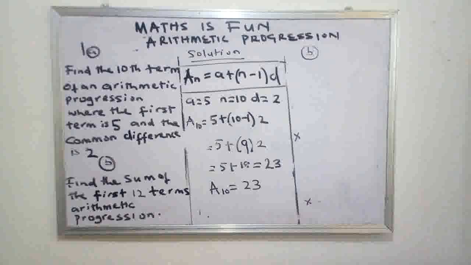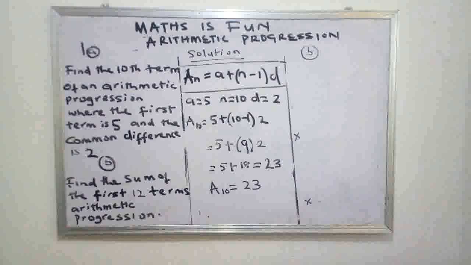You will see that there's a formula on that board. It's a_n, which refers to the nth term. The nth term refers to, in our example, the 10th month. The nth term of the arithmetic progression is given as a + (n - 1)d. I'll tell you what each of these represents.